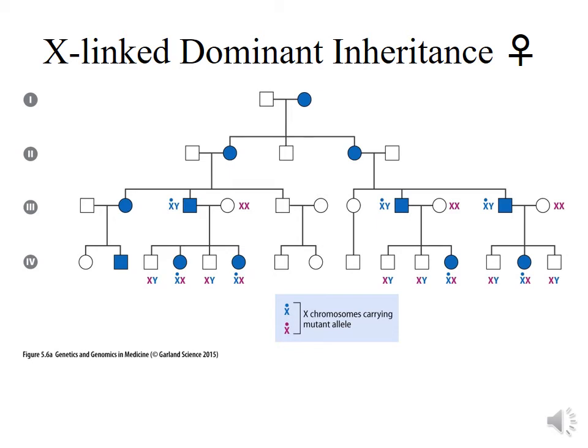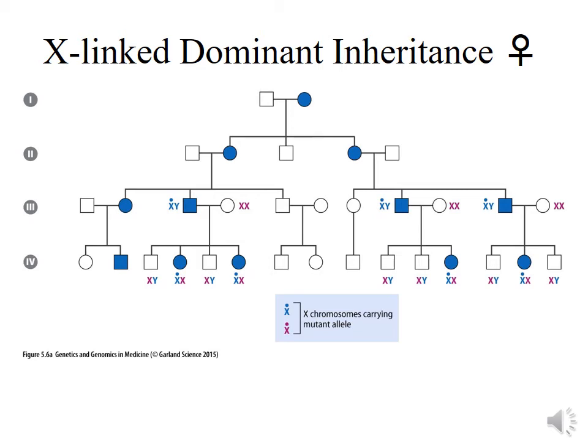However, the risk to the children of an affected father depends crucially on the sex of the child. Every son would be expected to be unaffected. Instead, the risk of being affected is focused on daughters, as shown for the 3 affected males in generation 3 who each had children.